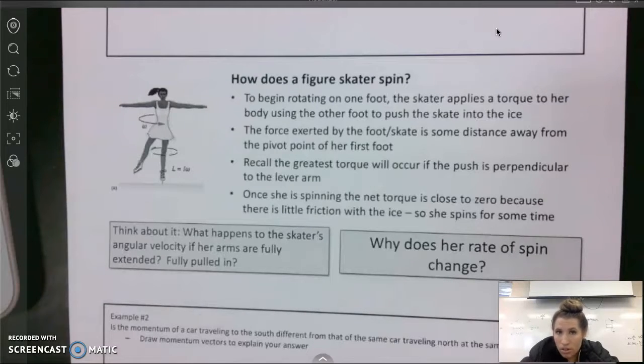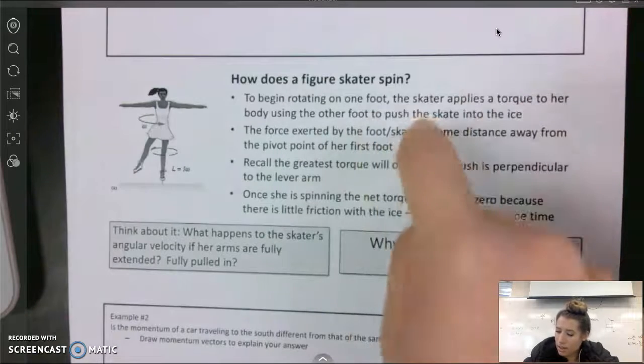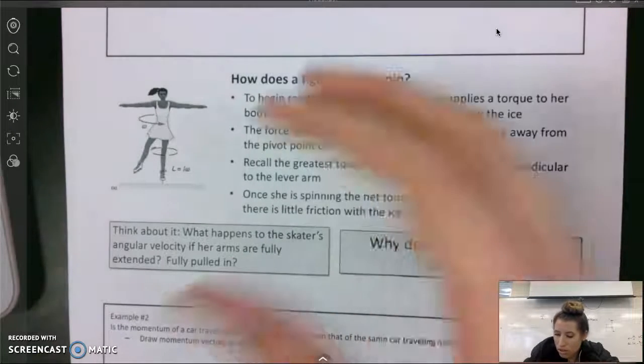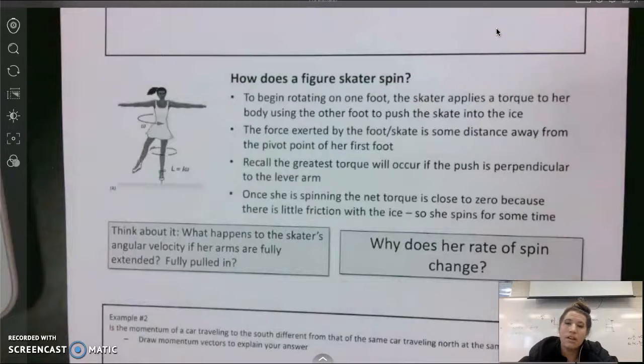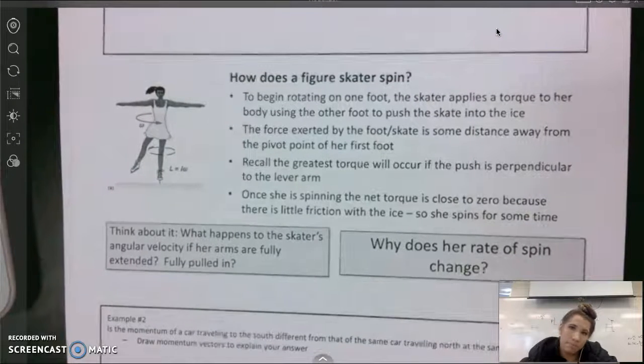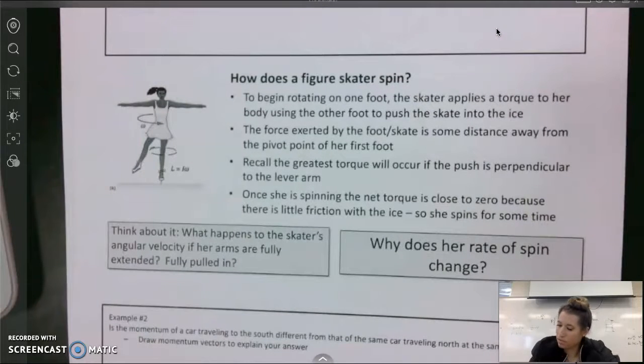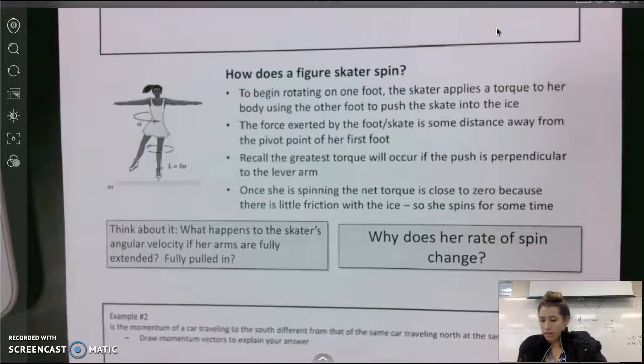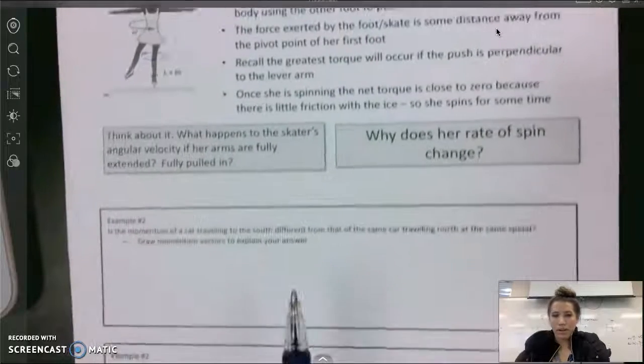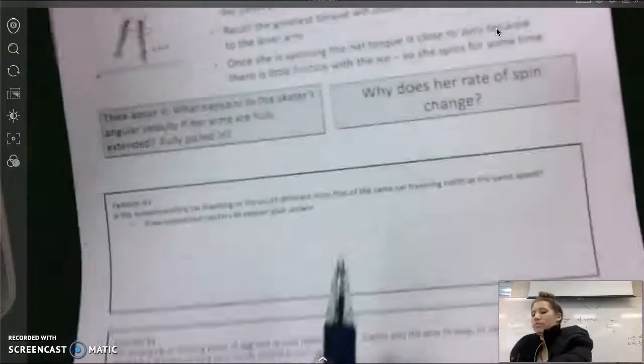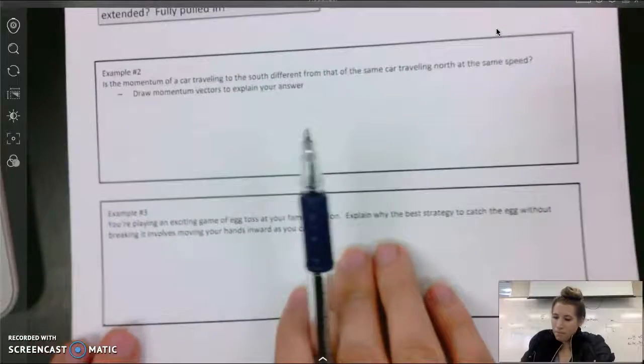It's easier to spin. And so we have that similar concept here with this rotational component of momentum. Okay? All right. So that's our small little bit about the rotational component.